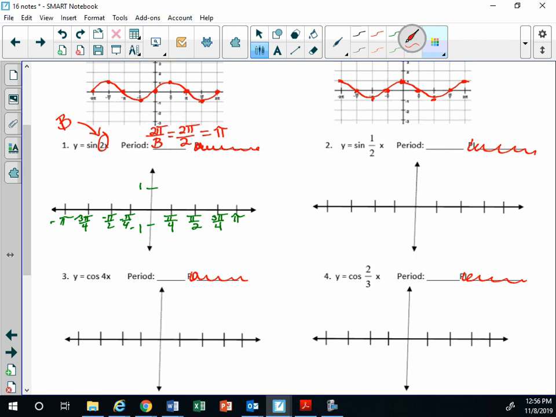Just plot them where you've been plotting them the whole time. So for sine, I'd start at 0, 0. The next tick mark is up at 1. The next tick mark is back to 0, down to -1, 0. Doing the same on the other side. And then we can connect them.